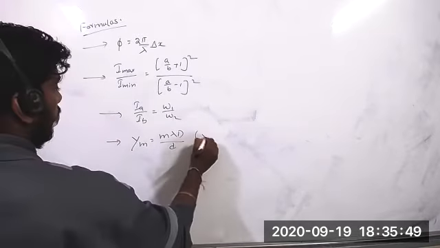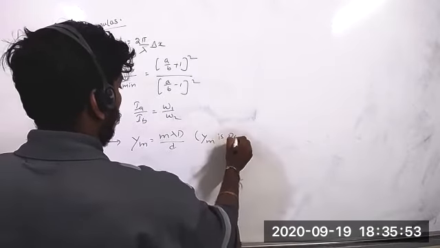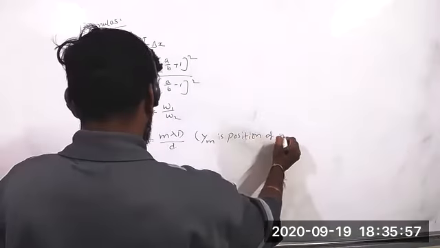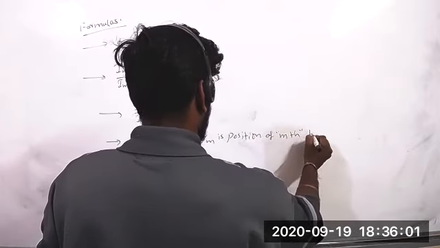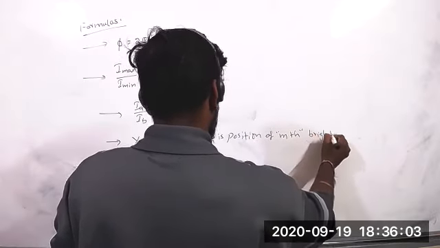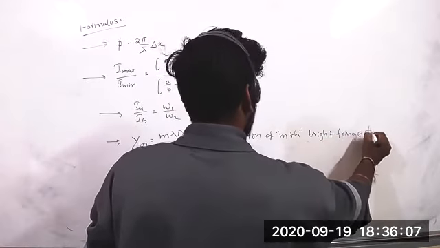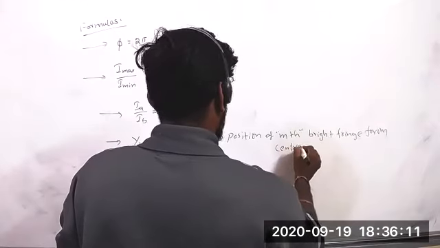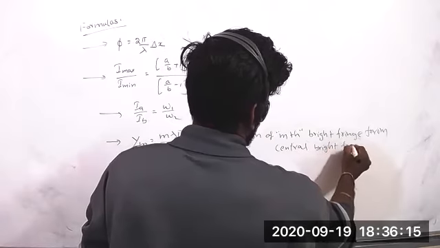Here Ym is the position of the mth bright fringe from the central bright fringe.